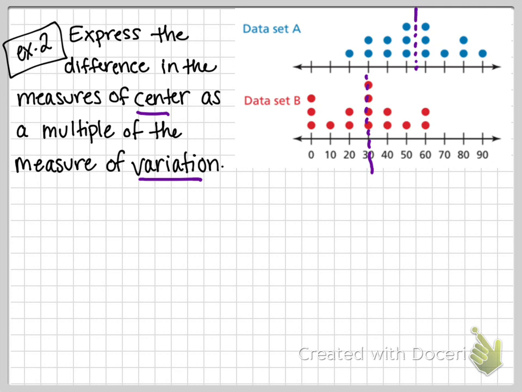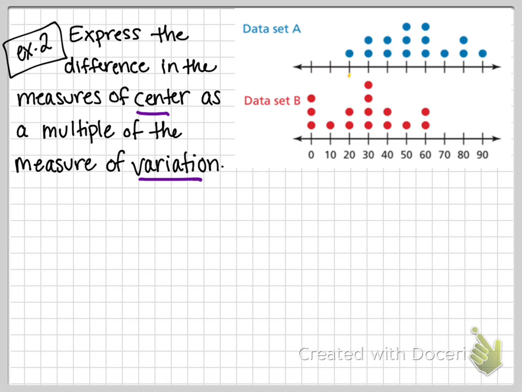So we need to find the mean for data set A by adding together all of the data points. So let's do this. Try to do this slowly. You're going to use the number line for this.